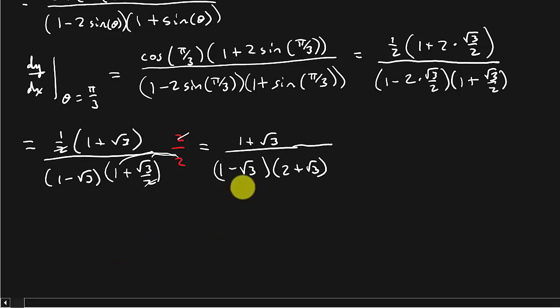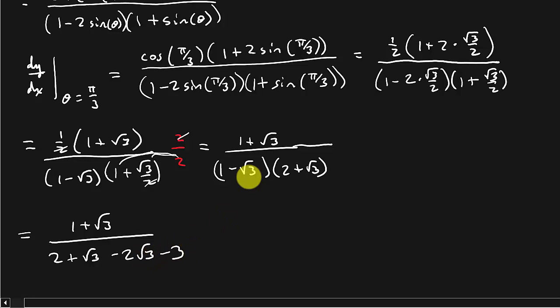All right, so let's multiply that out. So that's 1 plus square root of 3 over, that's going to be 2 plus square root of 3, 2 plus square root of 3 minus 2 square roots of 3 minus 3. Negative square root of 3 times square root of 3 is 3, or minus 3.